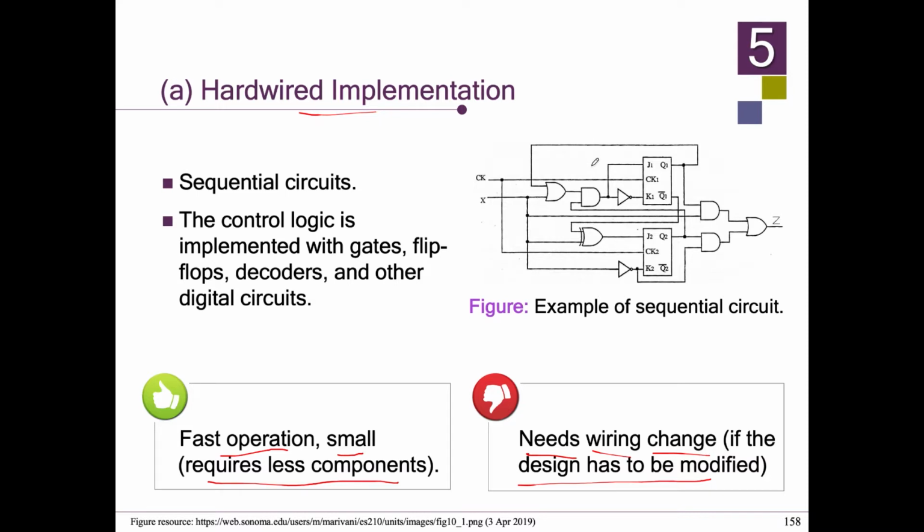So if this is your design for your program, but maybe you want to change the design, then mostly all your wired connections need to be changed. That is the disadvantage if you are applying hardwired implementations.